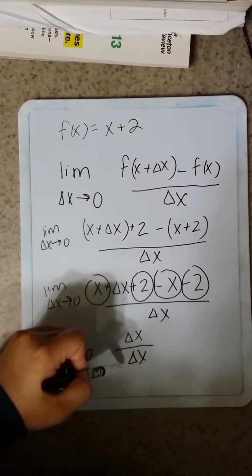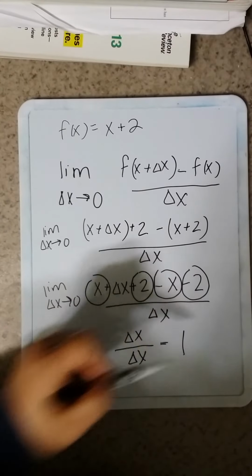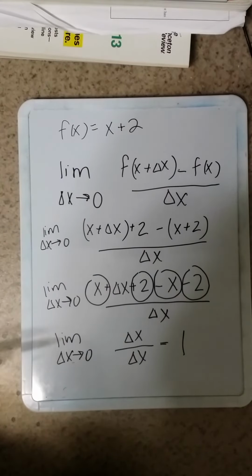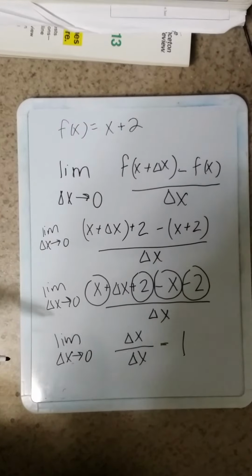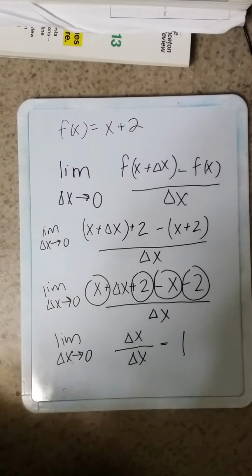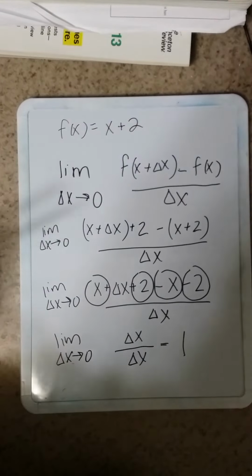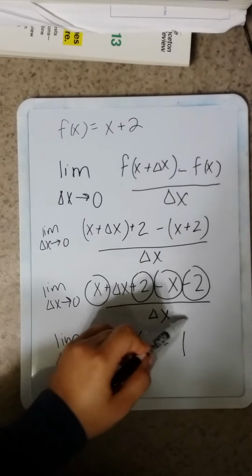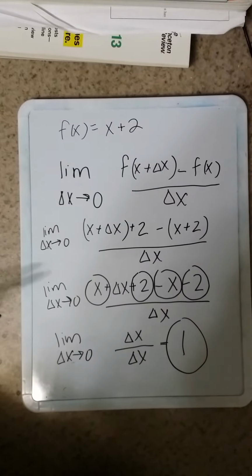If you simplify that, that equals 1. So the derivative of x plus 2 is equal to 1. And that makes sense because the slope of x is just 1 if you were to graph that, meaning your derivative is 1, and you can check that easily.